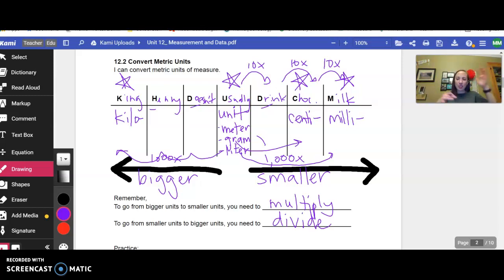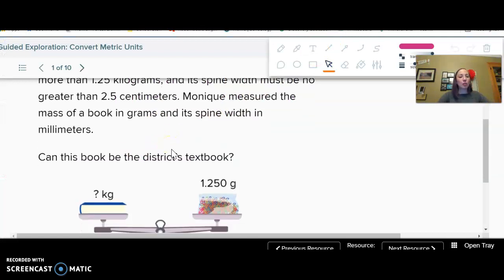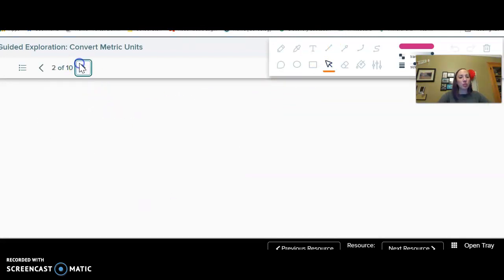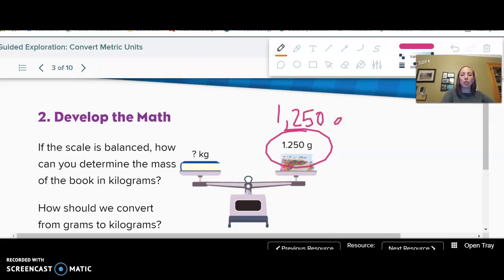Okay, but there's a lot of different combinations. So if you can remember this, it actually does help, or you can use your table to help you as well. Anyway, let's go back to the problem. So if we have the weight in grams, now I don't know why there's a period, because it should be 1,250 grams.